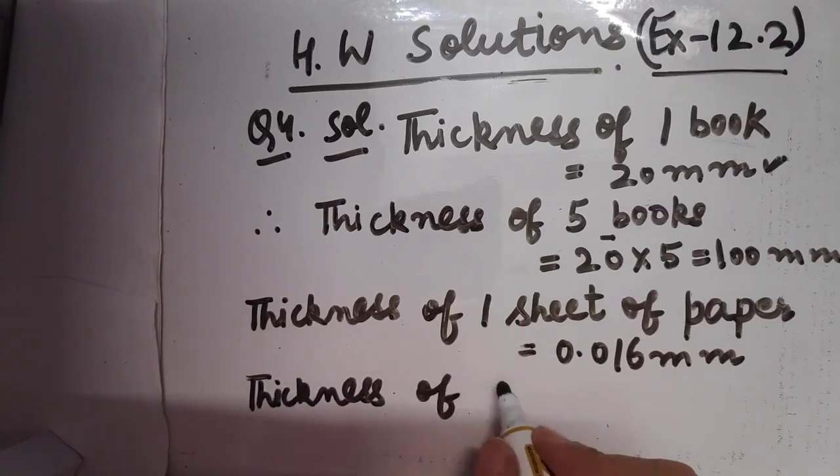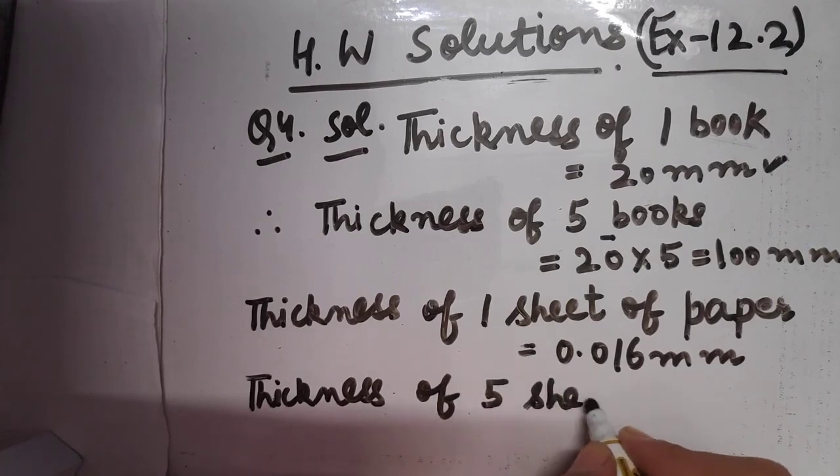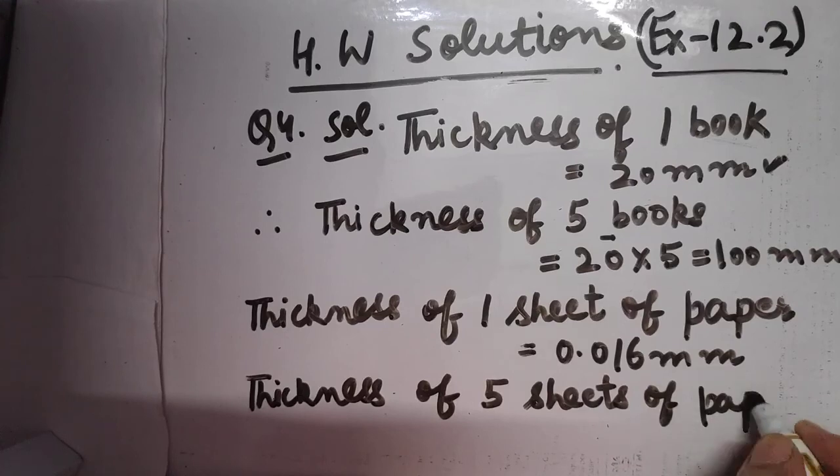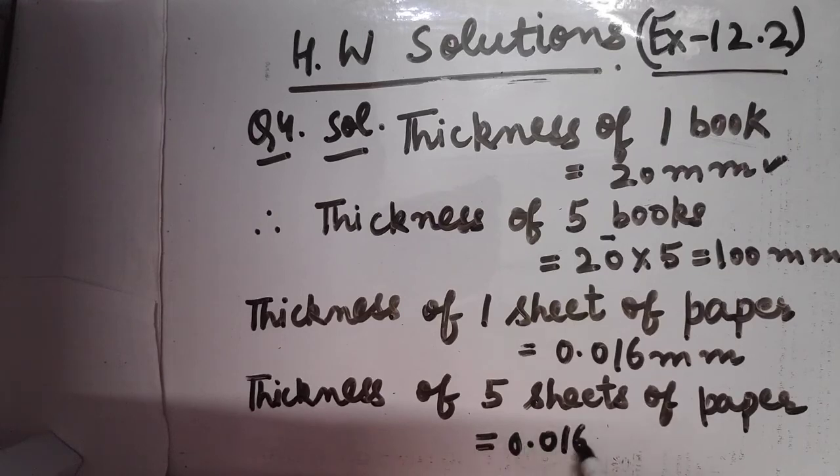Thickness of 5 sheets of paper will be equal to 0.016 into 5, that will be equal to 0.08 millimeter.